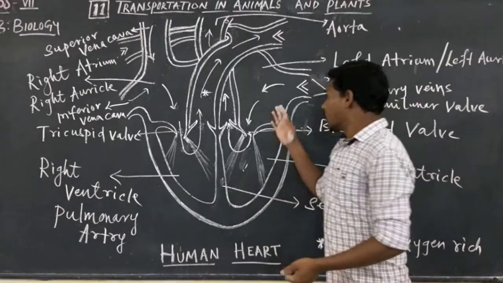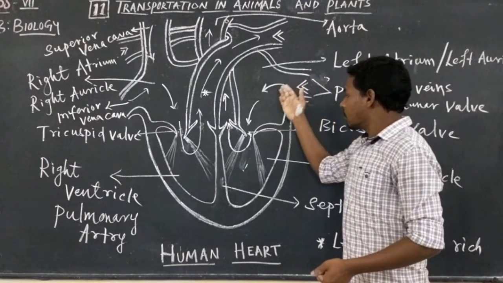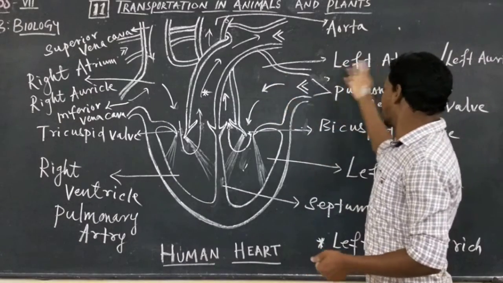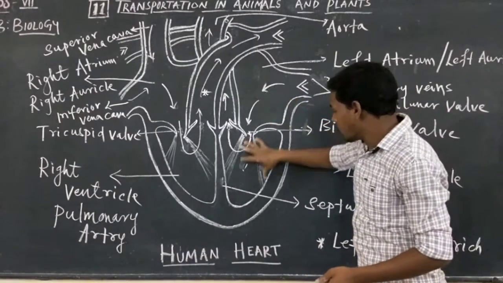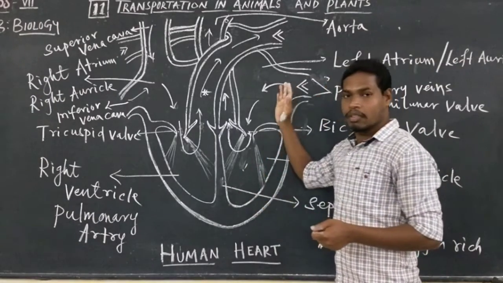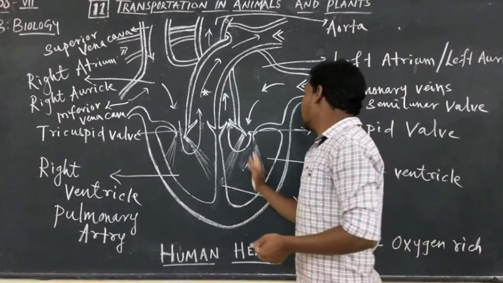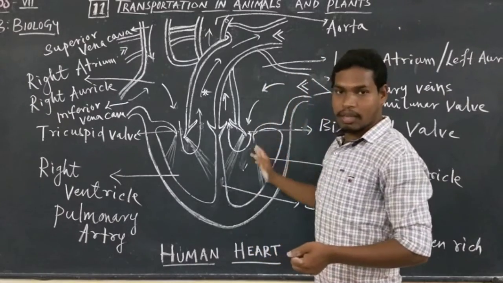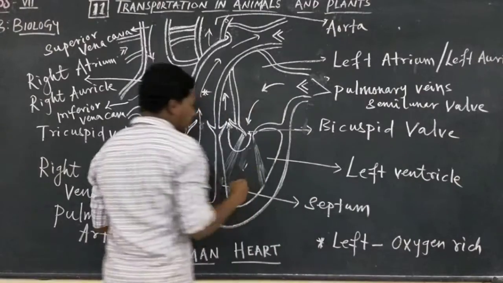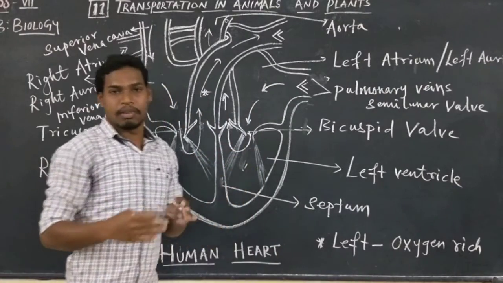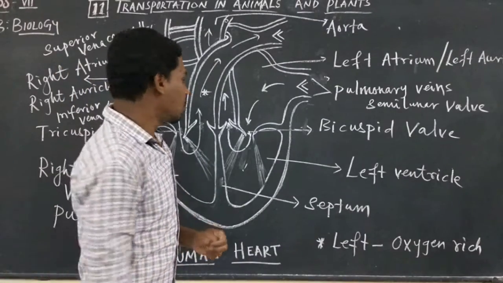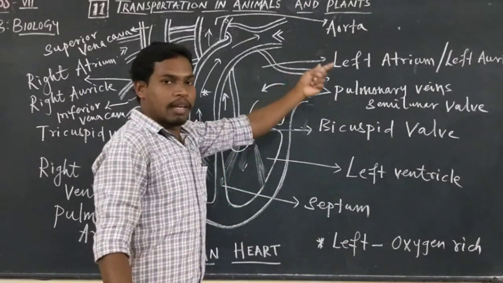When the oxygen-rich blood comes from the left atrium to the left ventricle, there is a chance of backflow, a chance that the blood may flow back in the same direction. So who is responsible for checking the blood so that it does not go back to the same side again?